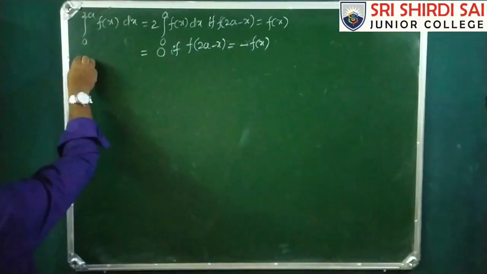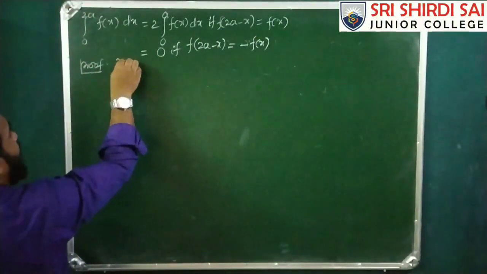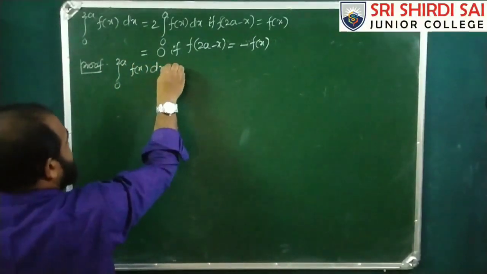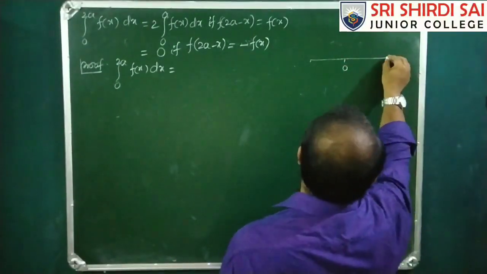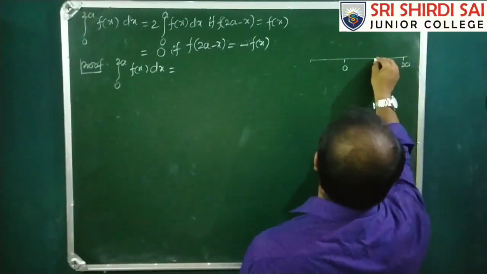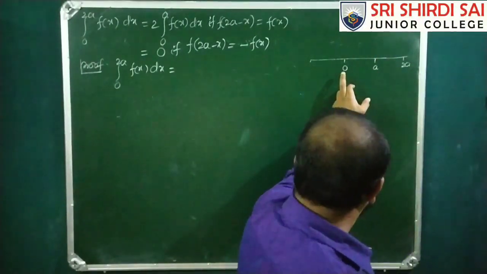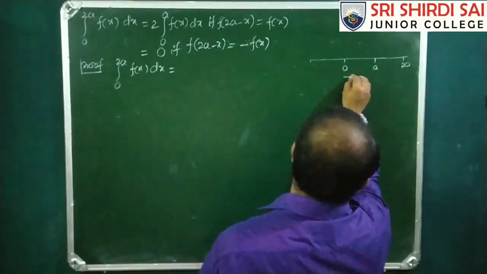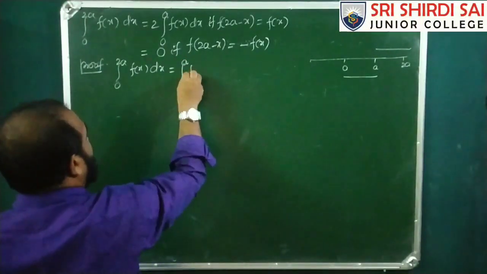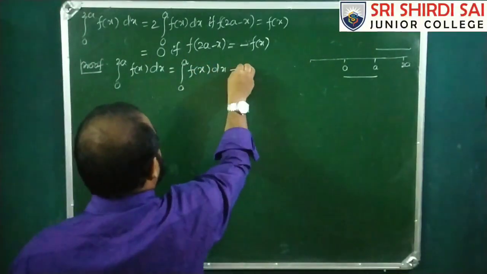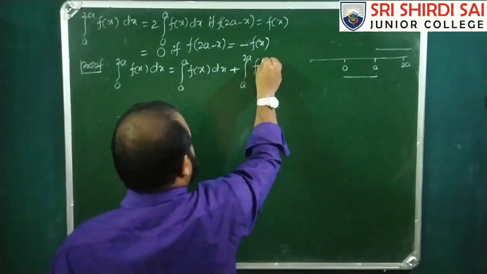So to prove this, I am taking LHS 0 to 2a f(x) dx is equal to this number line. So this is 0 and this is 2a, so this is a. So until a we can split the interval 0 to 2a. So 0 to a and a to 2a. So this is 0 to a f(x) dx plus a to 2a f(x) dx.